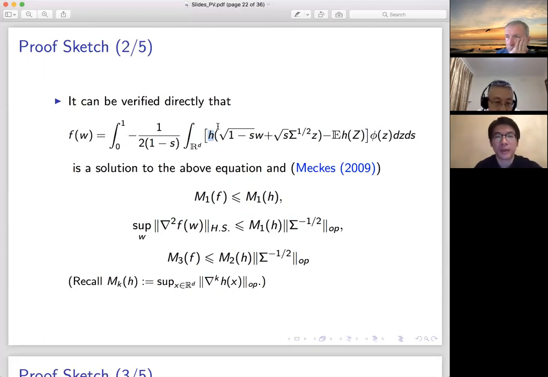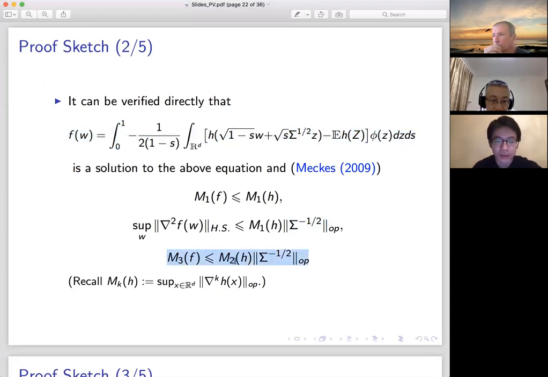Then you have to do an integration by parts to move one of the derivatives to this Gaussian density function, and as a consequence, this sigma inverse comes out here. That's why you get that. This 1 over square root of s also comes out when you do the integration by parts, but that is integrable from 0 to 1, so that's not a problem.